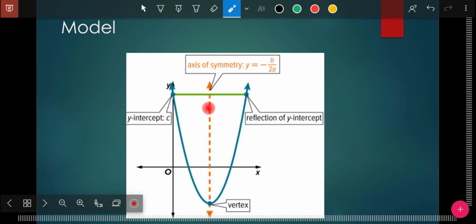So again, you're going to find the axis of symmetry first. That should be x equals negative b over 2a. You're going to use that x from negative b over 2a, and you're going to plug it back into the equation.